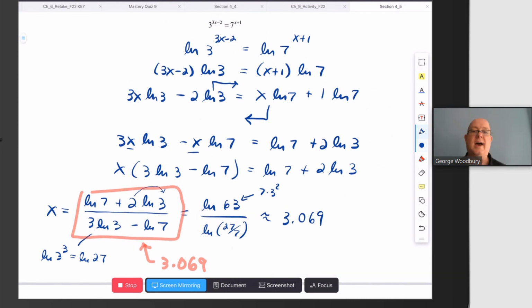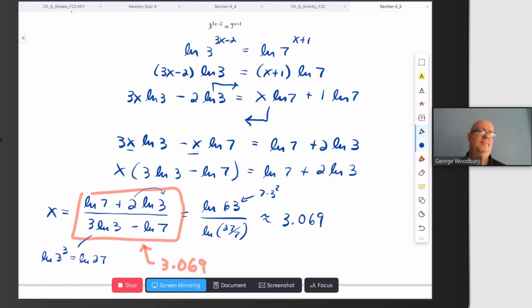And again, if you want to check that, we haven't done anything that will make an extraneous solution. But if you want to check to see if we're close, you can put that 3.069 in for x way up at the top and see if the two sides are the same. Let's see. Check: 3 to the 3 times 3.069 minus 2.